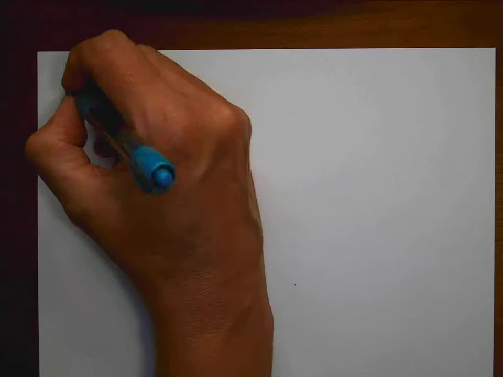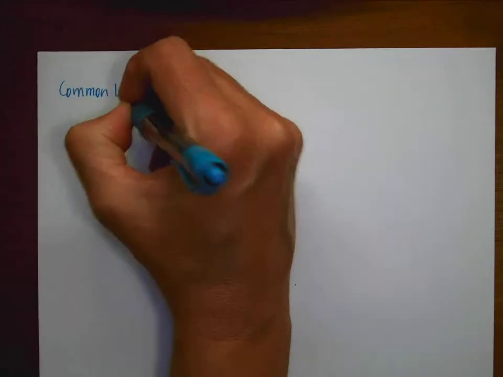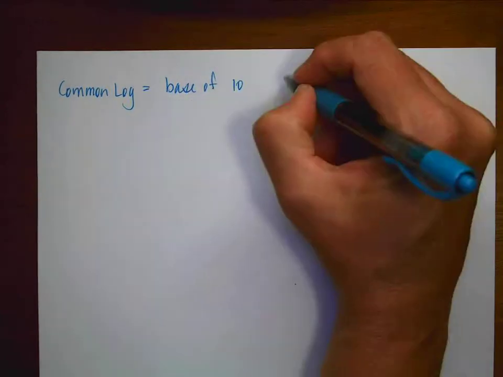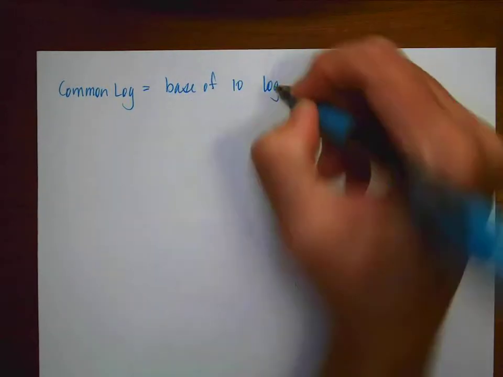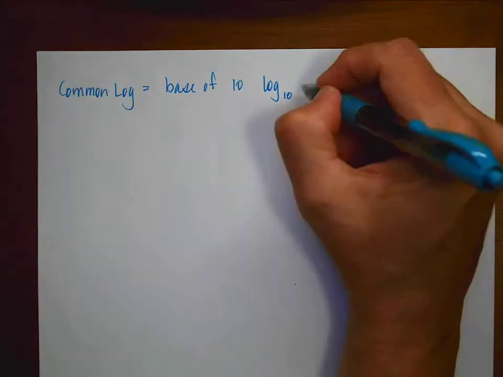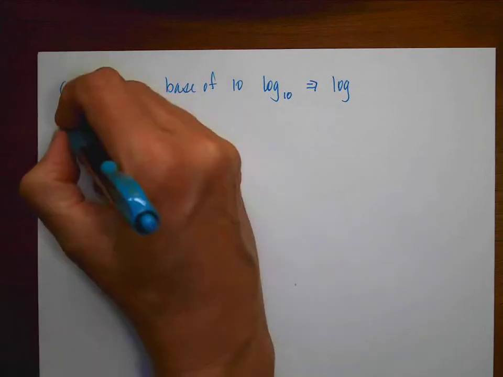And logarithms, if you remember the basic rules, are really fairly straightforward because they just bounce back and forth between the two forms. A common log is one where I have a base of 10, and we typically don't write the base, so we would just write this as a log.